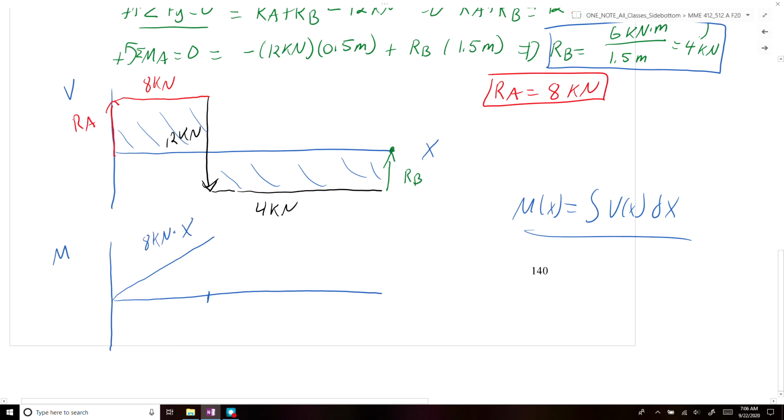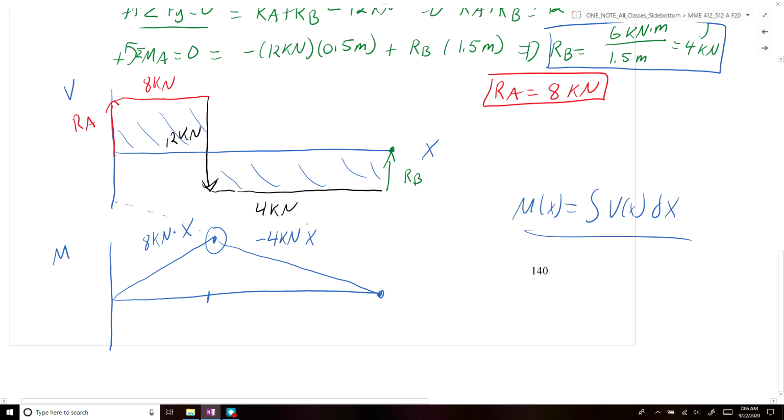times x. Then at this point, we integrate across the rest of the length, and we get a slope of minus 4 kilonewtons times x, and then we have to take into account the intercept if we extended this line all the way out.